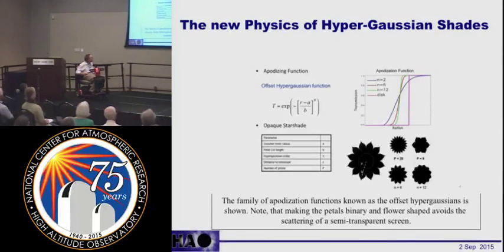Next slide. So this is just a glance at what Webster Cash has developed in terms of designing occulters, and what they ultimately look like is they have these almost flower petal shapes.